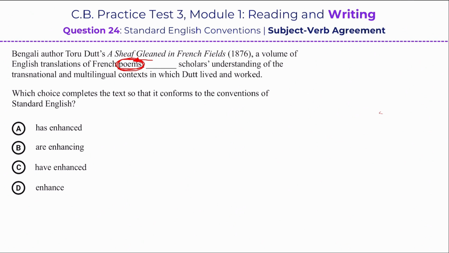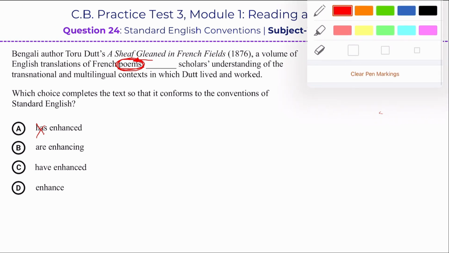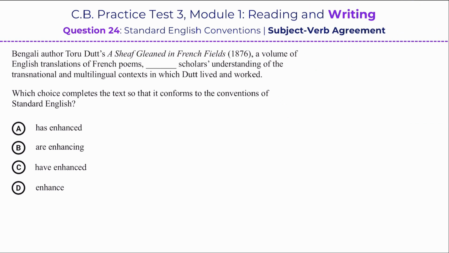So my tip for those of you who are having trouble with subject-verb agreement is, guys, when you're answering these questions, when you're looking for the subject of that verb, don't go backwards from the verb.